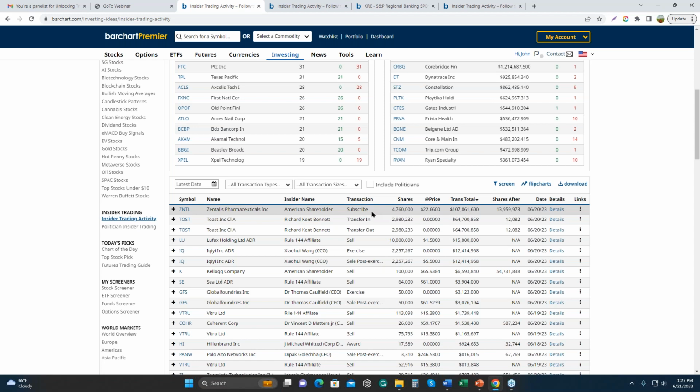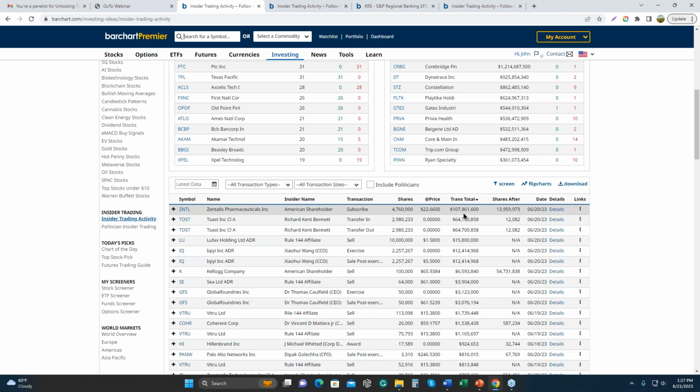But what makes this more significant? Well, it's 4,700,000 shares at a price of $22, and that transaction was over $100 million. I think we can argue that that is a large amount of shares and also a large transaction value. Now, what do we see here in terms of shares afterwards? Well, those 4.7 million shares, now this large American shareholder has 13.9 million shares.